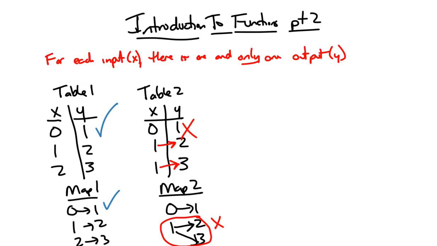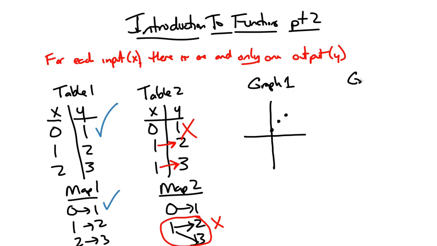And then finally, on a graph, I'll do the two graphs over here. Here's graph 1, where I've got the points 0, 1, 1, 2, and 2, 3. This one is a function.